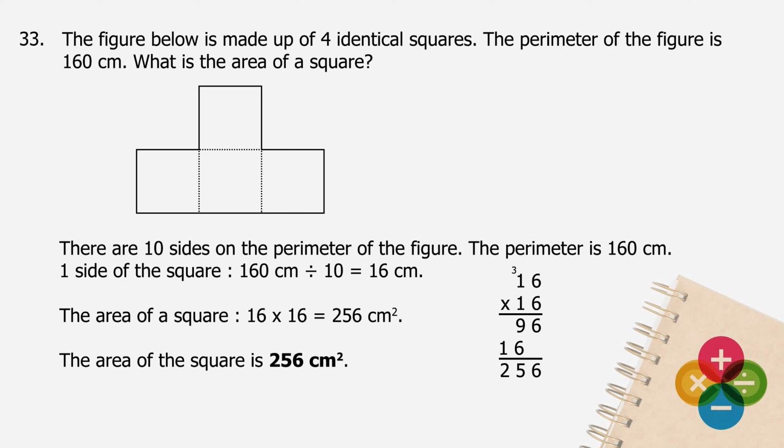The perimeter is 160 cm. One side of the square will be, divide 160 cm by 10, and the quotient is 16 cm. The area of a square will be, multiply 16 by 16, and the product is 256 square centimeters. The area of the square is 256 square centimeters.